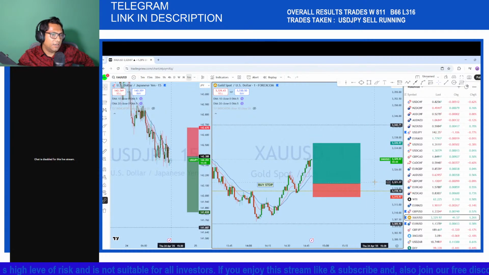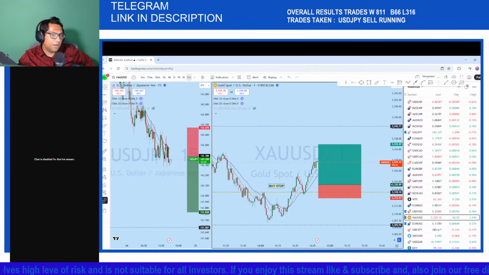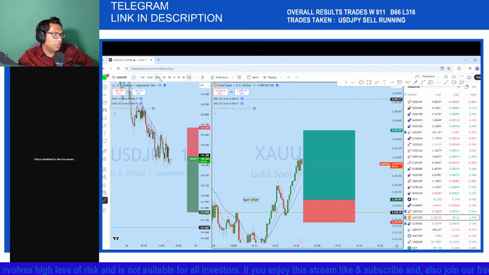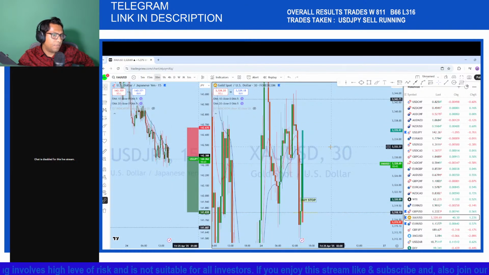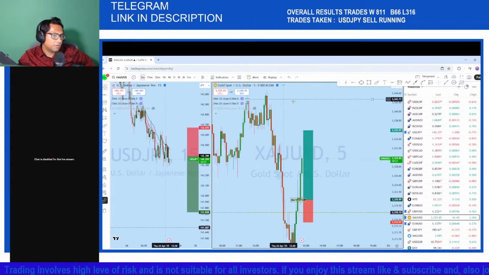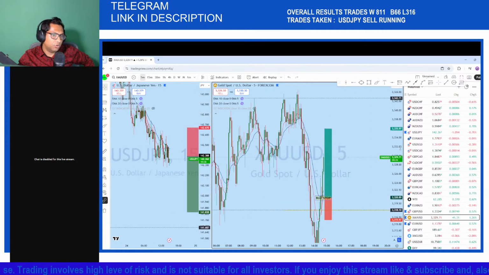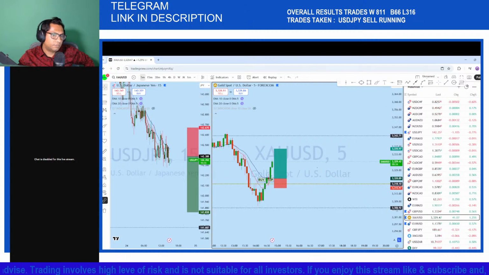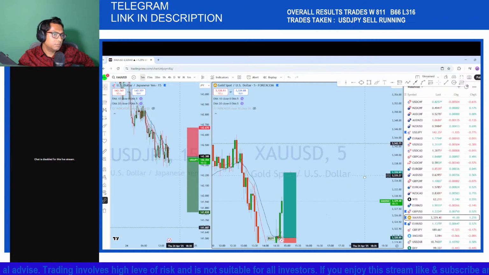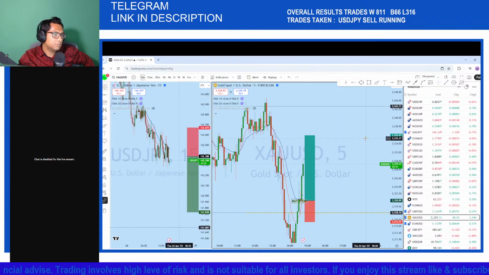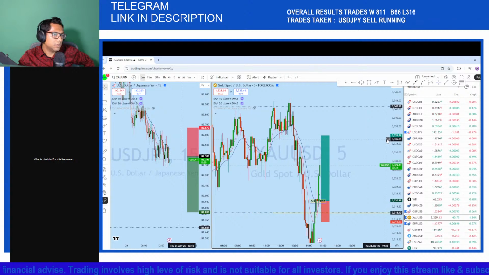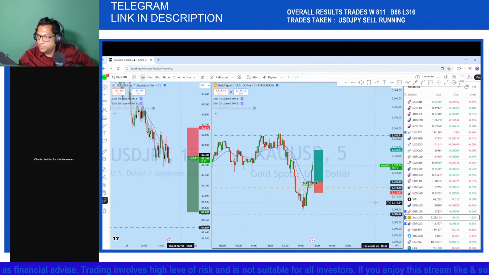But you can see here that the market trend is up and expecting it to potentially go back up further, right? So it may return back to the daily resistance line.